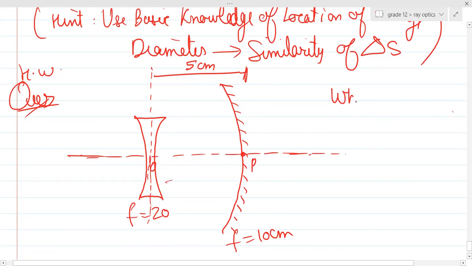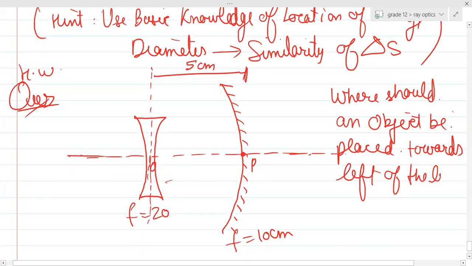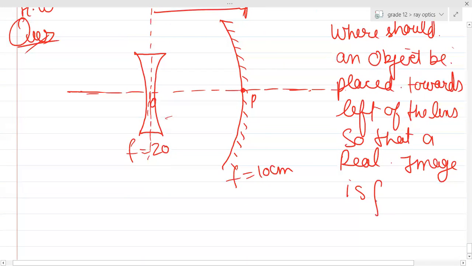Now the question is, where should an object be placed towards left of the lens so that a real image is formed on the object itself.